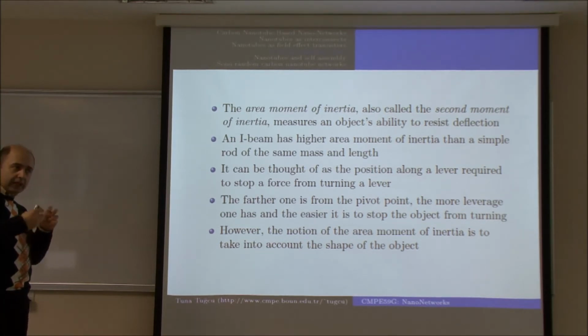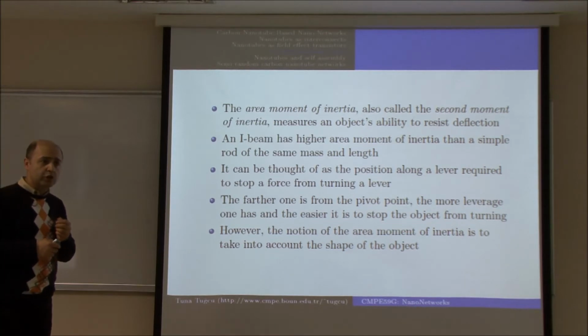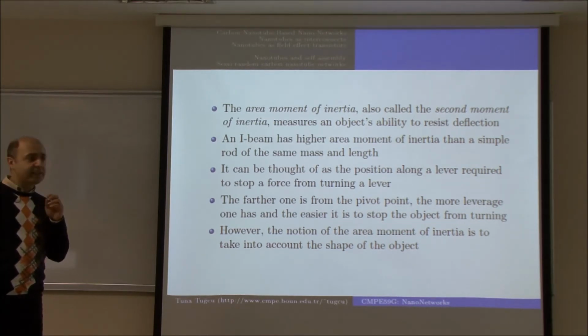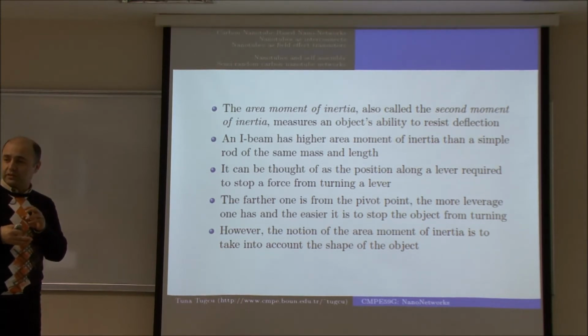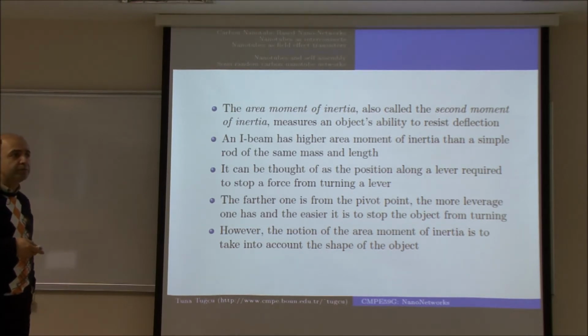So such a steel bar with a cross-section of I is actually stronger against deflection compared to a similar bar with the same weight, but just with a rectangular cross-section. Okay, so the shape actually also becomes important when you try to resist deflection.